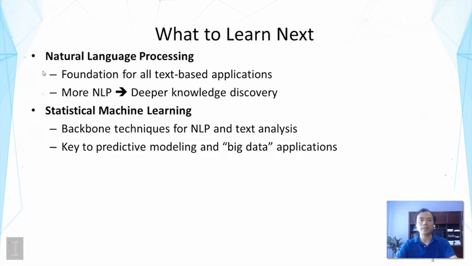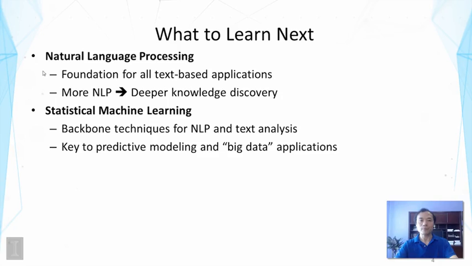These techniques are now the backbone techniques for not just text analysis applications, but also for NLP. A lot of NLP techniques are nowadays actually based on supervised machine learning. So they are very important because they are key to understanding some advanced NLP techniques. And naturally, they will provide more tools for doing text analysis in general.